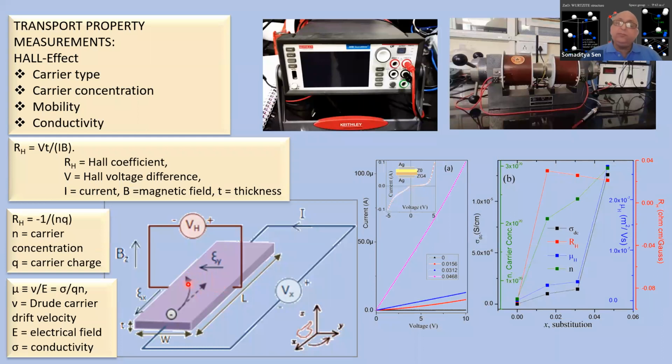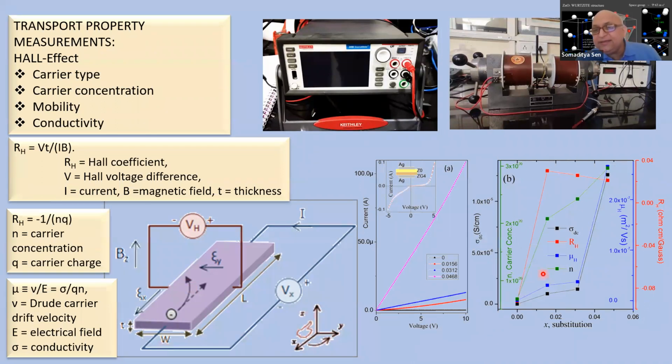The force will be in the same direction, but because of the difference in charge, the potential developed due to this deflection will be different. As a result, the Hall coefficient will be positive or negative depending on the nature of the carrier. It will be positive for the p-type carriers and negative for the electrons. Okay?